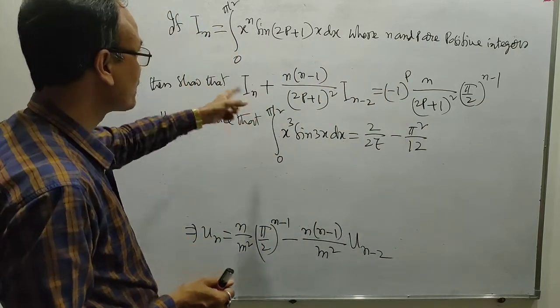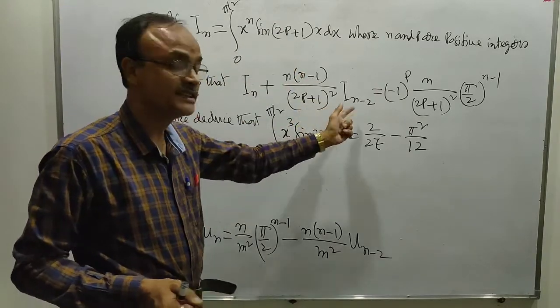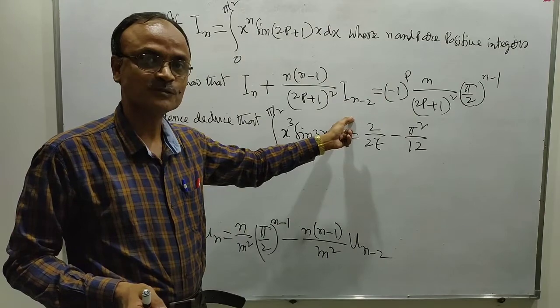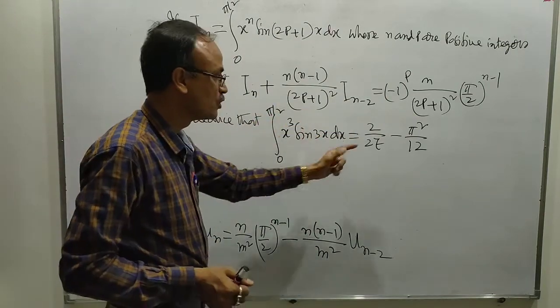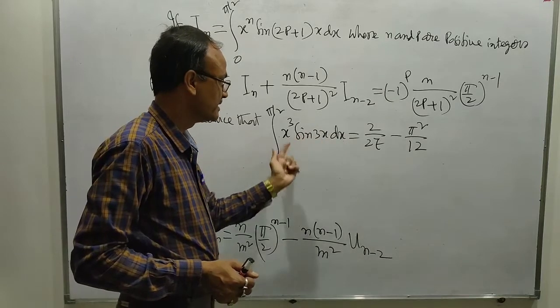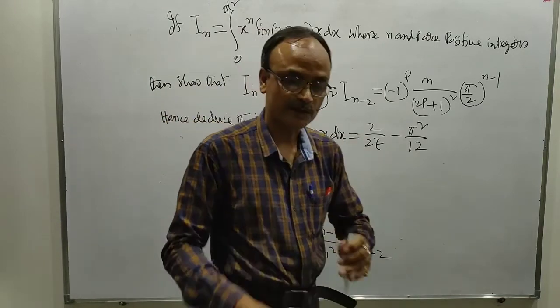Two parts of the question. First part is this. It is given. We have to show this. This is a reduction formula. And using this, we have to show that the integration 0 to π/2 x cubed sin x dx equals 2 by 27 minus π squared by 12.